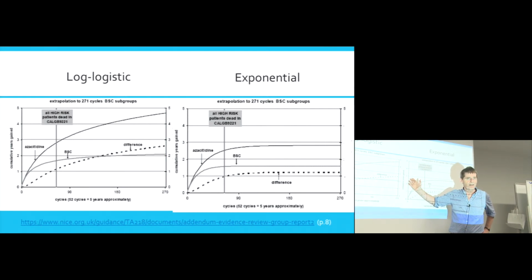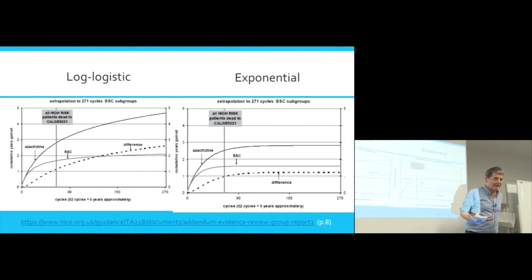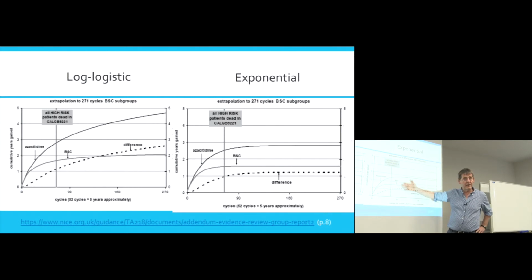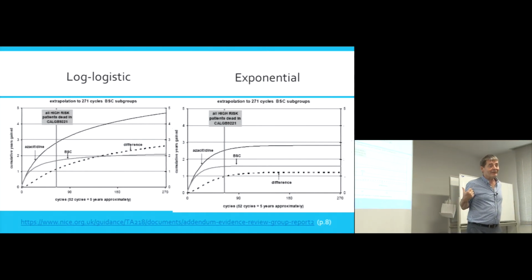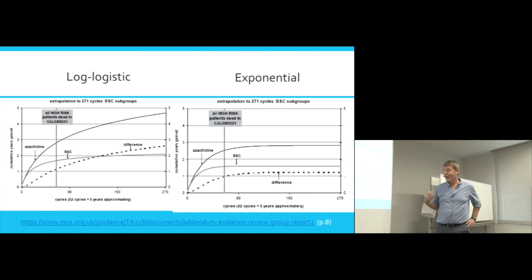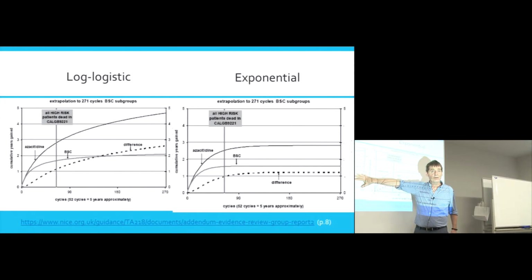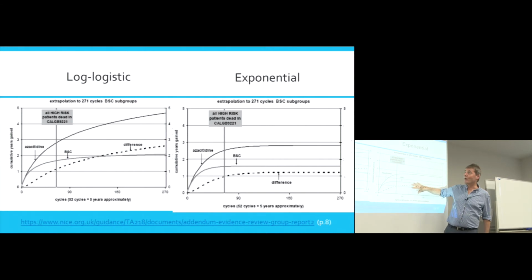It's not a cure. It's a treatment that helps, but it's not a cure. Whereas with the exponential, the idea that virtually everybody is dead by 10 years seemed much more realistic. And of course, this affects cost effectiveness. The cost per QALY in the log-logistic modelling is much lower than the cost per QALY estimate you get in the exponential.